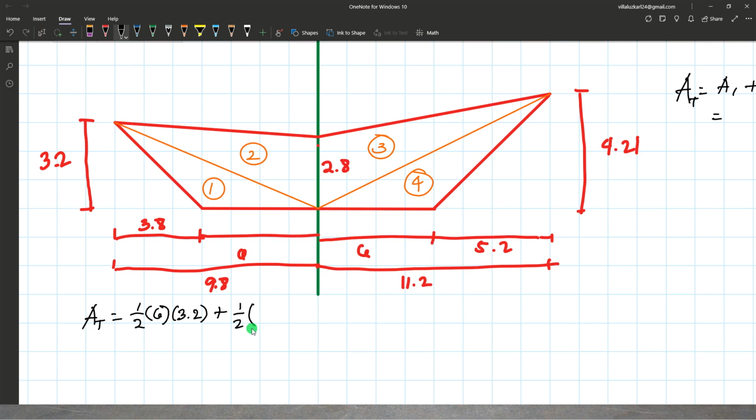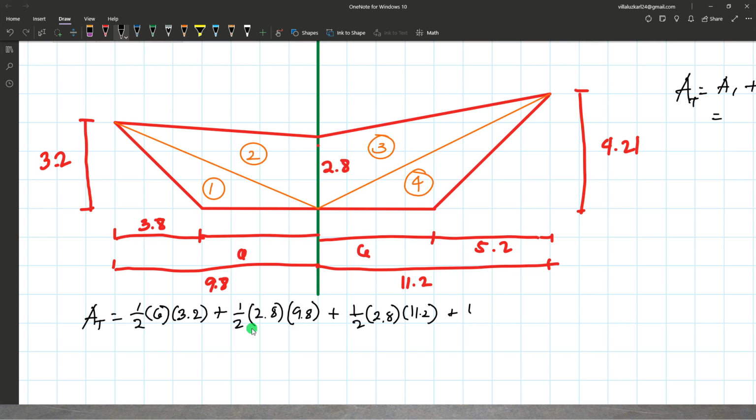For the second triangle, the base is right here. This distance here is 2.8 times the height. Your height will be 9.8, plus 1 half. For the third triangle, your base is 2.8 and the distance that will serve as height, from this base going to this point, is 11.2.